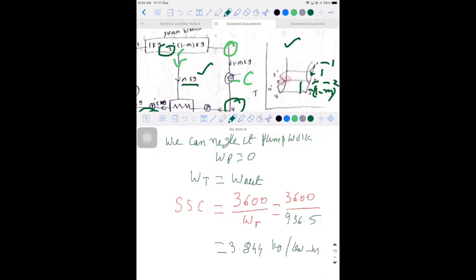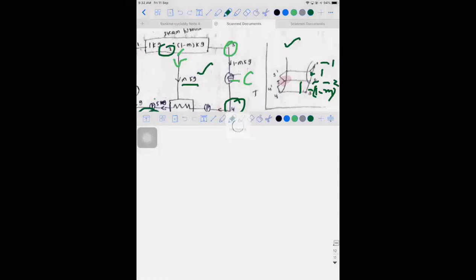And now we'll go with the next one, the efficiency of the regenerative cycle. What is the formula for the regenerative cycle? Then we'll go with it.